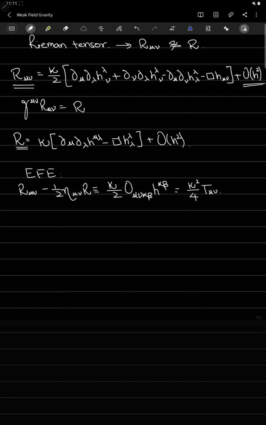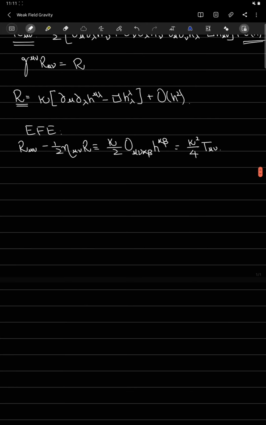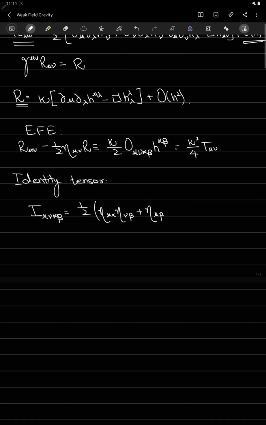So at this point it is also fitting to introduce an identity tensor, and let me write it down. The identity tensor I mu nu alpha beta is equal to 1 by 2 times eta mu alpha eta nu beta, in fact there's a plus sign over here, and eta mu beta eta nu alpha.